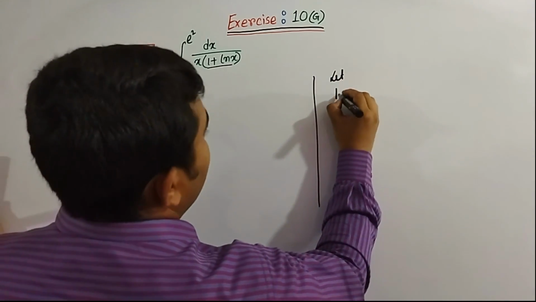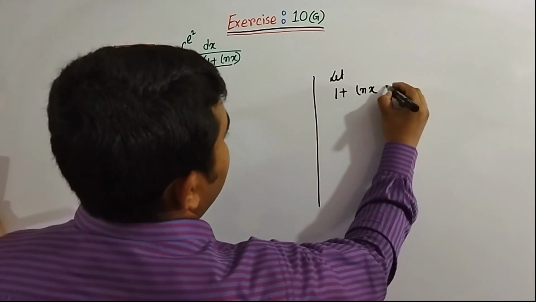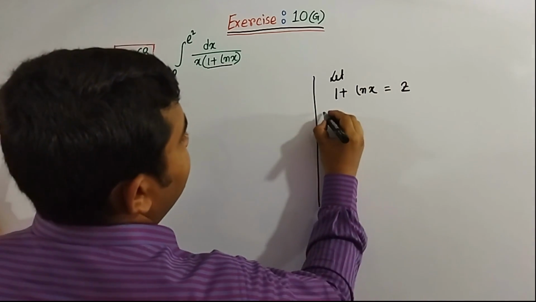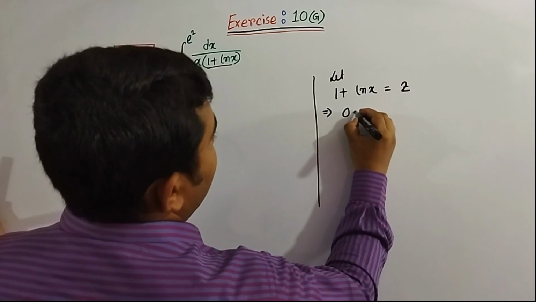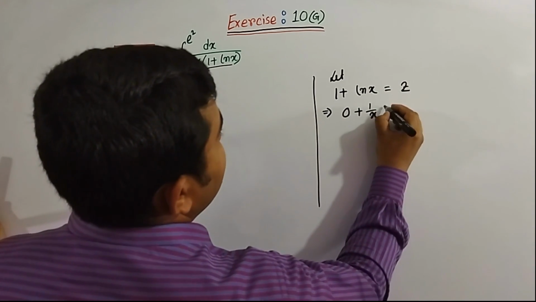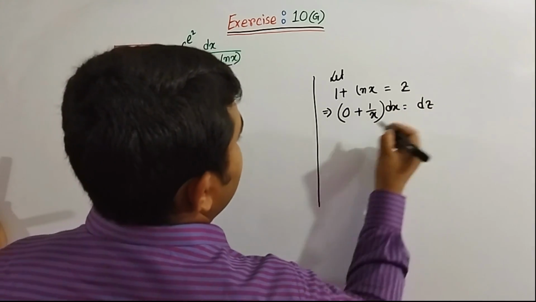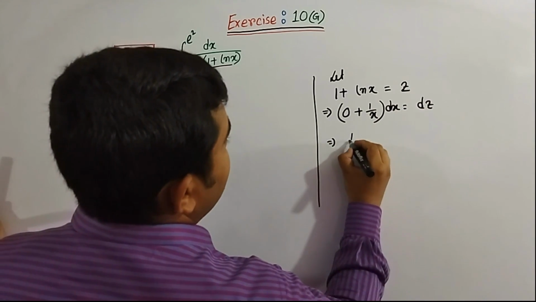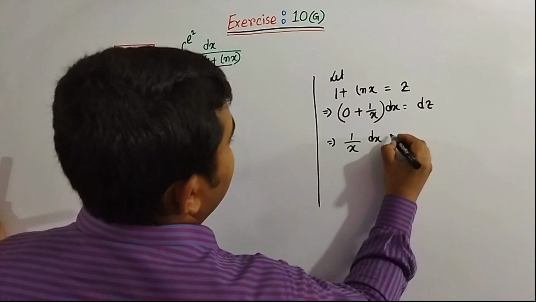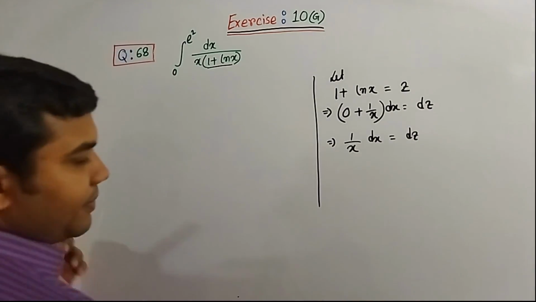So let us assume that 1 plus ln x is z. Then 0 plus 1 over x dx equals dz, and finally we get 1 over x dx is dz.